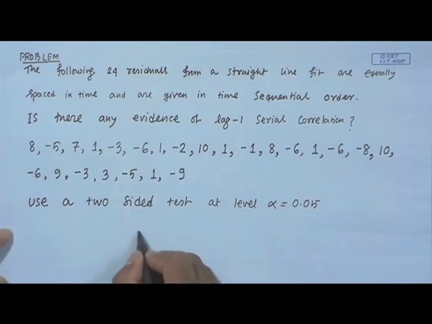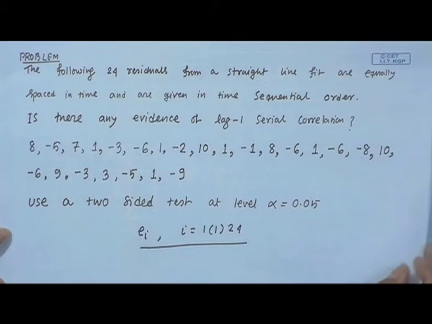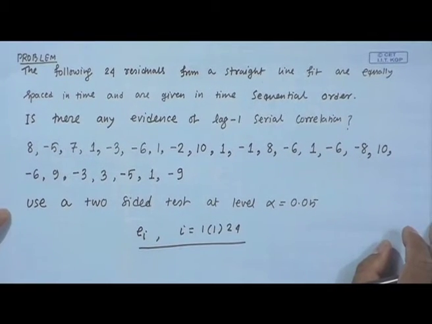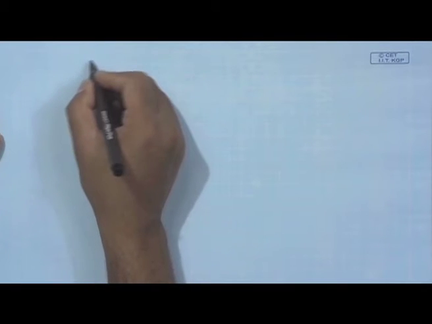Okay. So, you are given E i for i equal to 1 to 24. And how do you test whether there exists lag 1 serial correlation or not? We know that for testing lag 1 serial correlation, we need to go for the Durbin-Watson test.